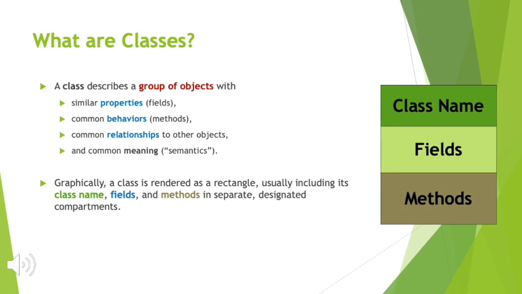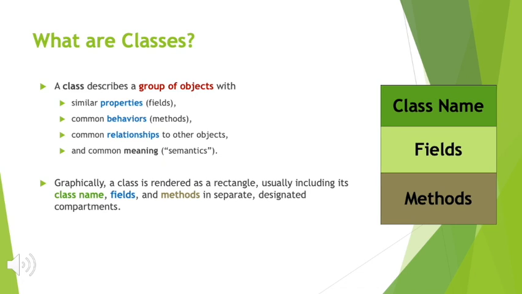So now we want to know how to start using UML, how to start sketching UML. First you have to know the classes that you are going to use in your system.